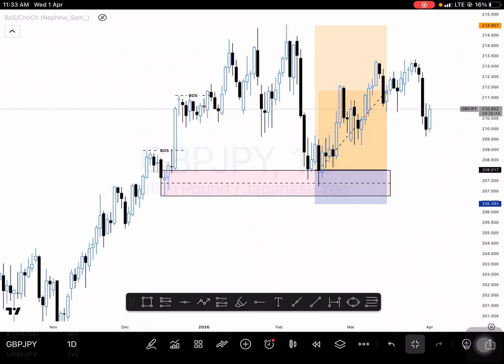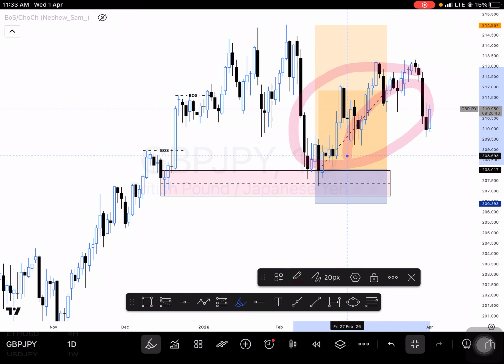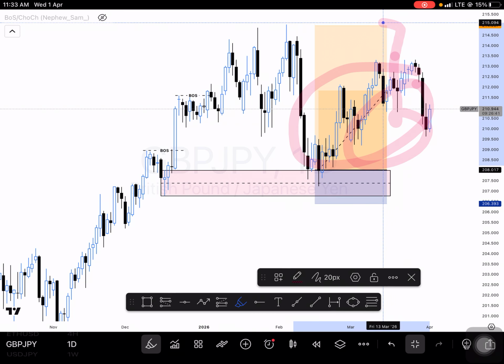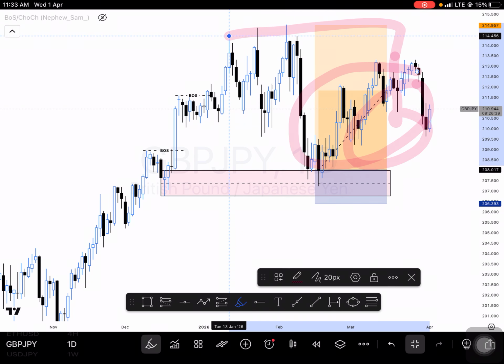So all we need to do is look for buying opportunities here to facilitate this buy to this liquidity level.